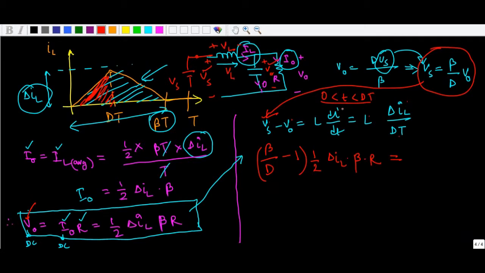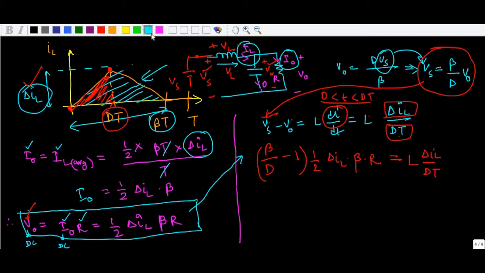What is di? Di is the change in current, that is del IL. Here current is changing from 0 to del IL, in the time dT. We are not considering the other time for the time being. So we have L del IL by dT.